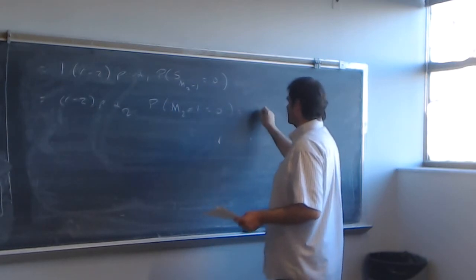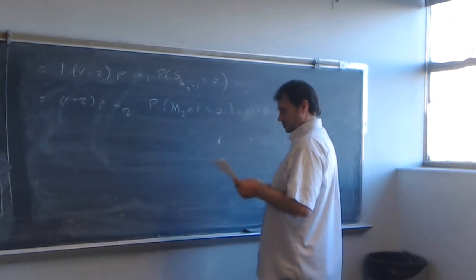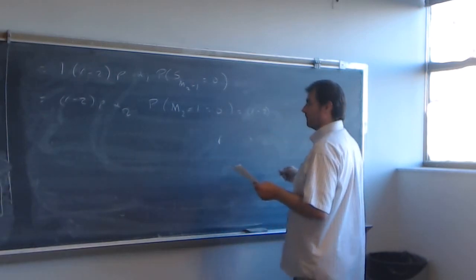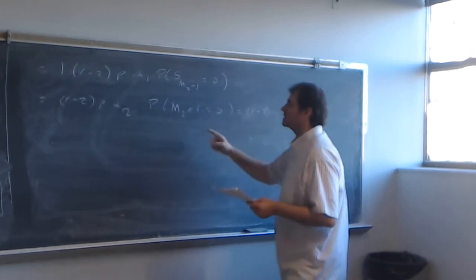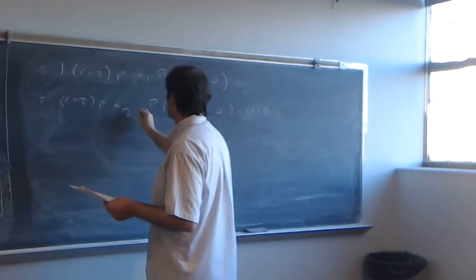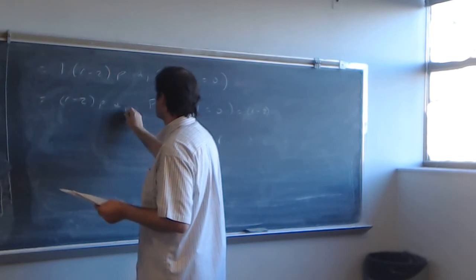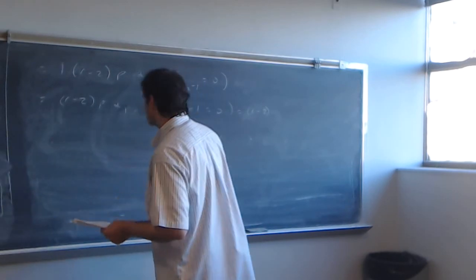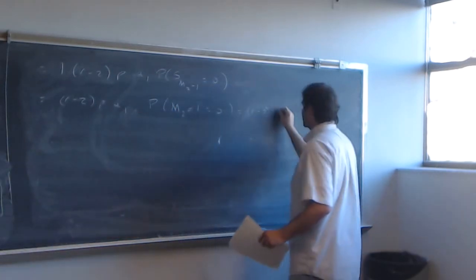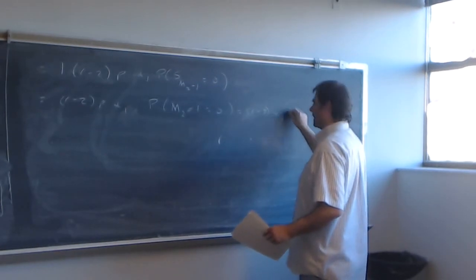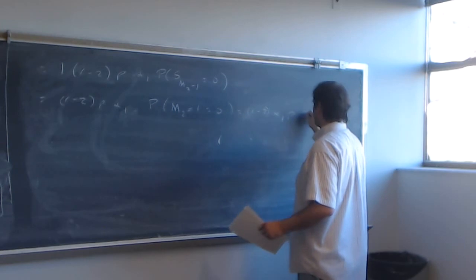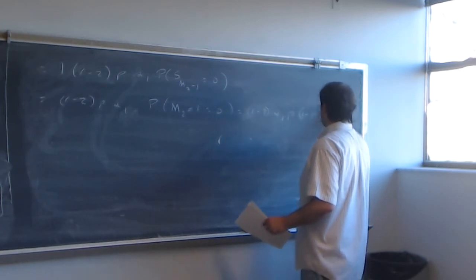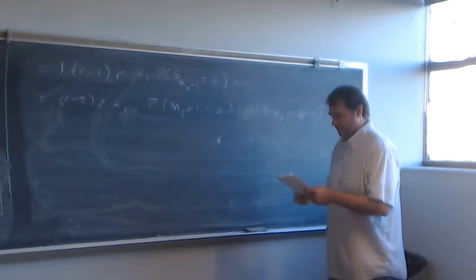So it's r minus 2 alpha sub, where did this become alpha sub 2? It's not, it's alpha sub 1. I made a mistake. Alpha sub 1. So it's r minus 2 times alpha sub 1 times p times 1 minus p to the r minus 3. That's what I get.